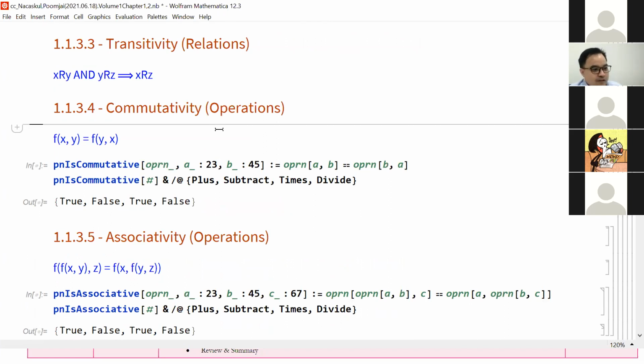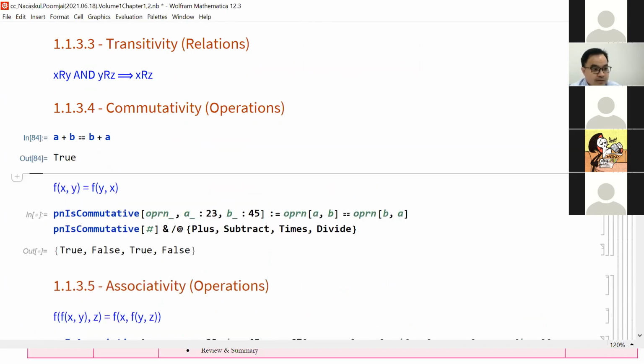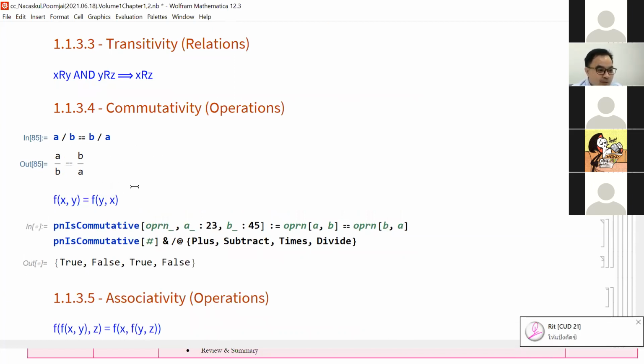Okay. Commutative just means, okay, you take two arguments and you can flip the order. So for example, A plus B equal to B plus A, true. Okay. Now, how about this? How about A divided by B equal to B divided by A? Well, in this case, it's not always true. It might be true if A and B happen to be the same thing.